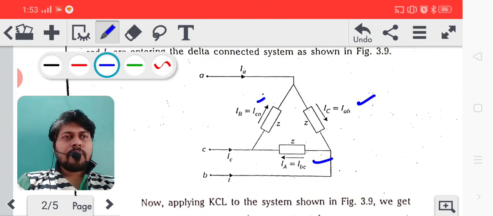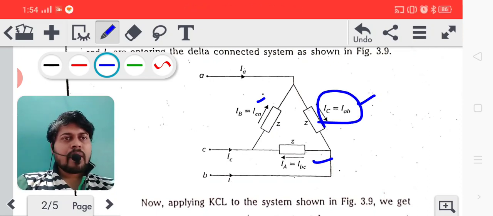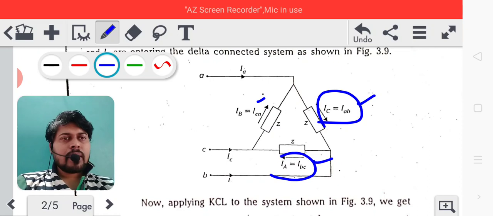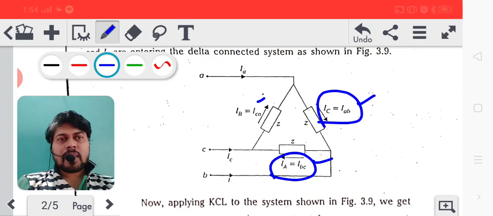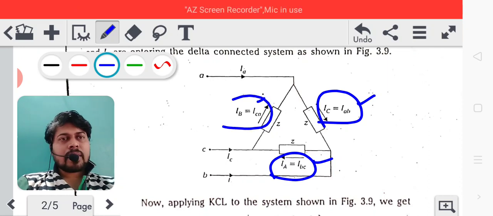Further, IAB is taken as IC opposite to vertex C, IBC is taken as IA opposite to vertex A, and ICA is taken as IB opposite to vertex B.